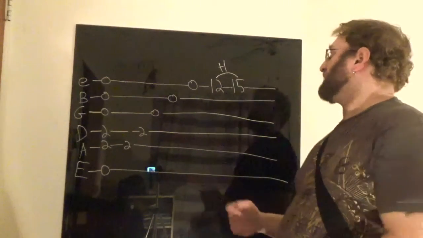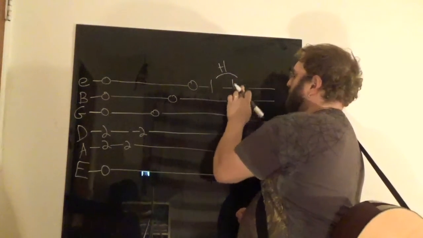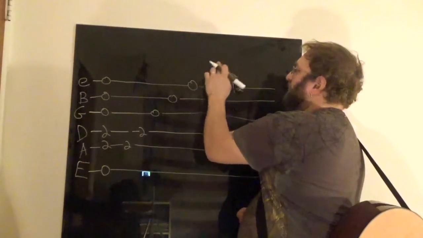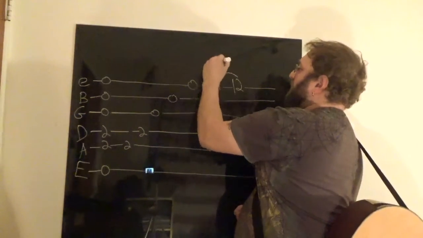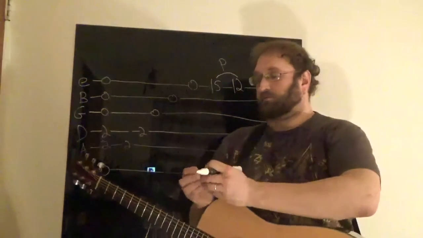That's pretty simple. And if we reversed it, let's say we did 15 to 12, well, they would just put a P here because that would just be a pull-off instead. So it would be like this.